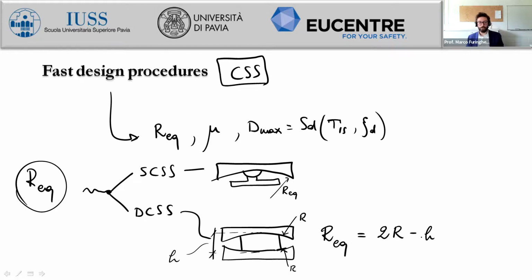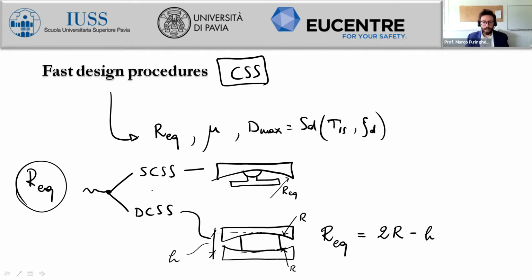So there are two different ways to translate this information, which is a mechanical property, because the R equivalent provides the restoring contribution in the force response, but automatically implies a certain geometrical configuration, which is a function of the main typology of device we assume.